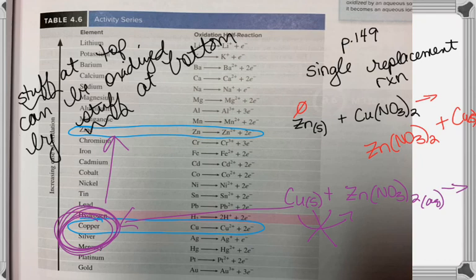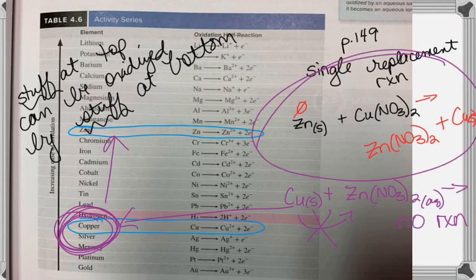This would be no reaction. And that's what that question is asking you about those 3 that you're given in question 4 on Connect. Only one of them will happen like this. 2 of them, you're going to be dealing with this scenario. Hope that helps.